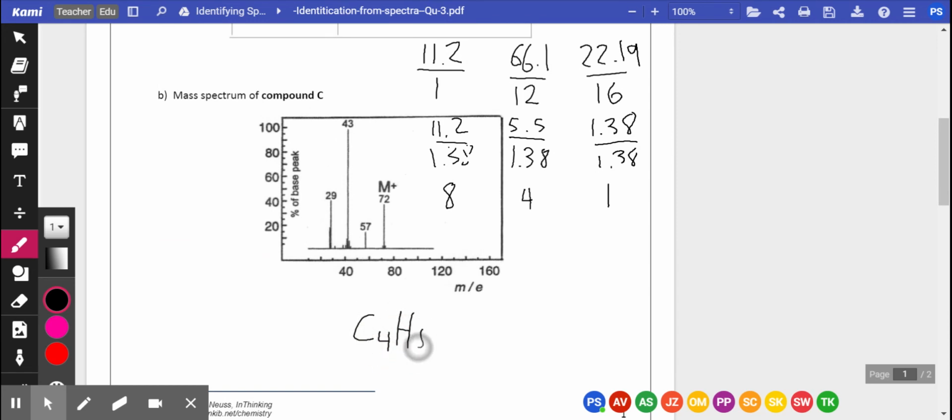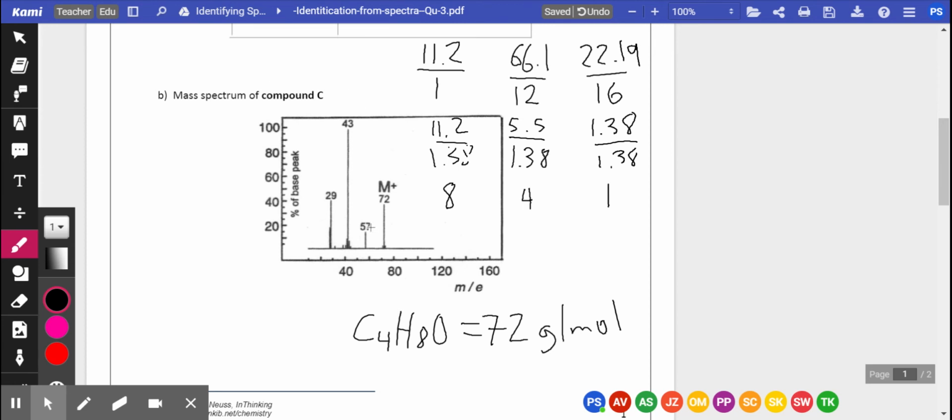So this formula, if we do 4 times 12 plus 8 plus 16, it does in fact add up to 72 grams per mole, which means not only is our empirical formula C4H8O, but it is also our molecular formula. This is actually the amount of atoms we have in our compound.